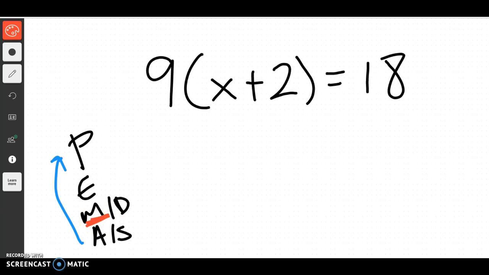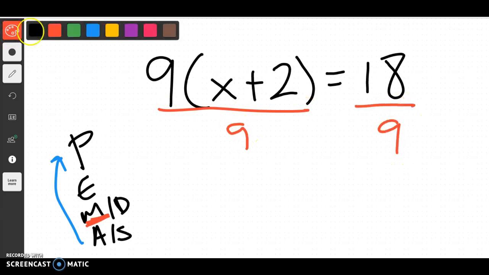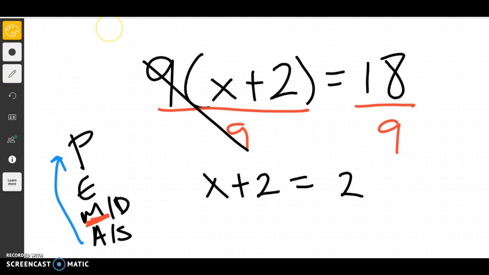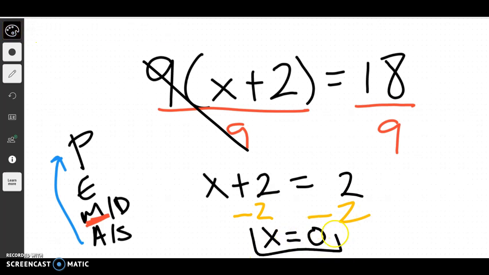To undo multiplying by 9, we divide both sides. That gives us x plus 2 is equal to 2, because 9 divided by 9 is 1, so it goes away, and 18 divided by 9 is 2. Then the parentheses drop after we divide. We subtract 2 from each side, and I get that x is equal to 0.